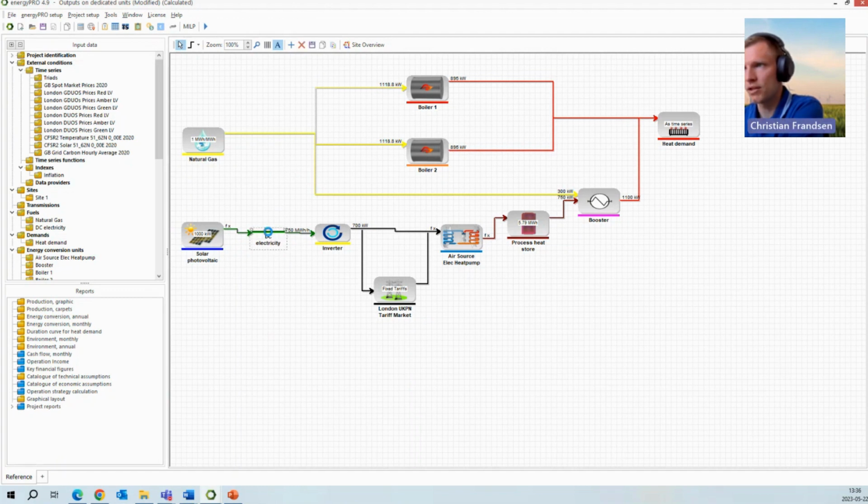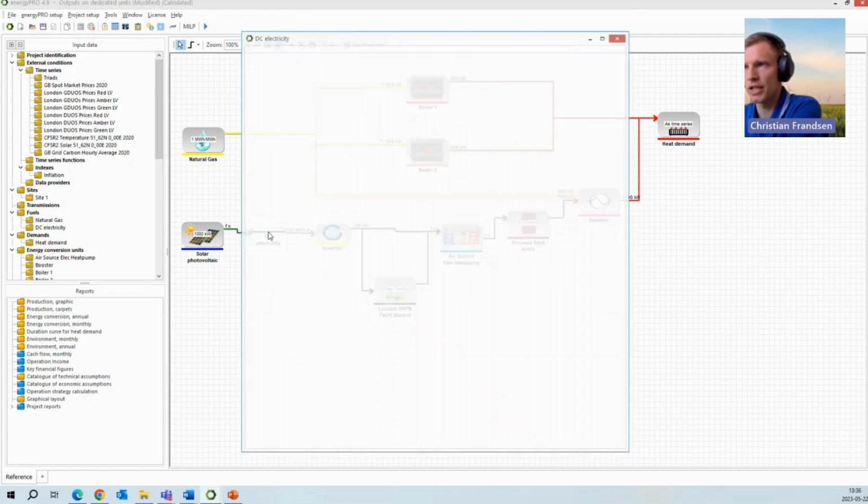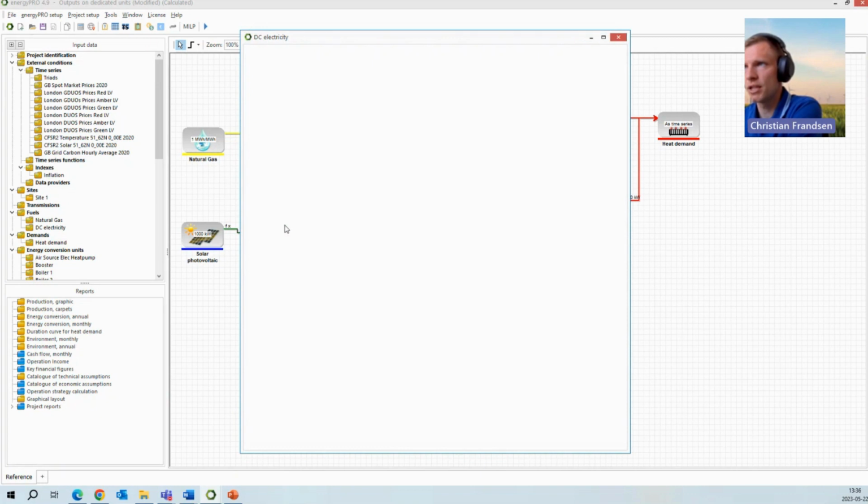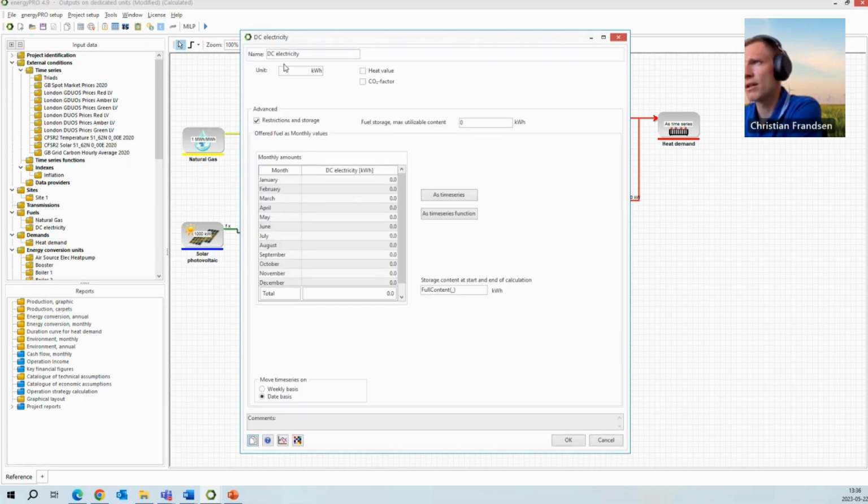So if I double click this fuel, which is named DC electricity, this is how it looks. It's a restricted fuel. There's no storage, and it's measured in kilowatt hours.